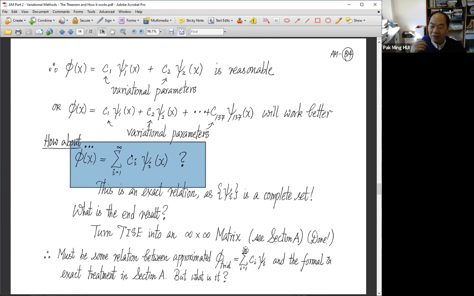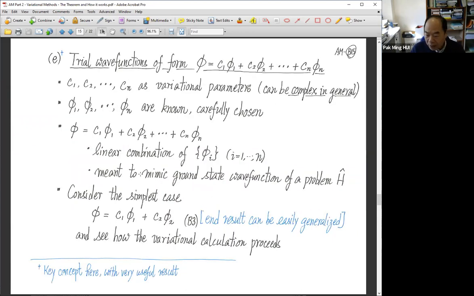So you see, variational calculation, which is an approximation, can be connected to the exact form if you use a complete set. Okay, so there's some connection, and that connection is important in later discussions. And now is the most important section for this method.